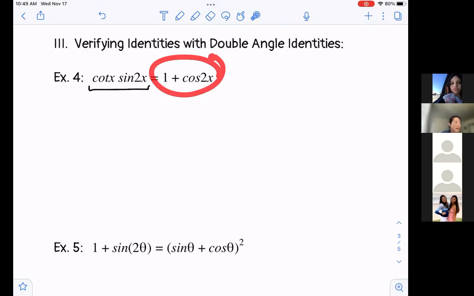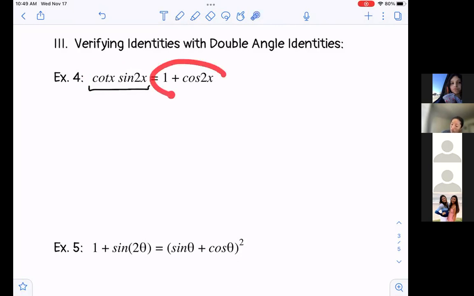So I tend to pick sides that involve multiplication of things. Looking at this, if we unpack the left-hand side, we have cotangent of x. What is another way that I can write cotangent? I could write it as 1 over tangent for sure.